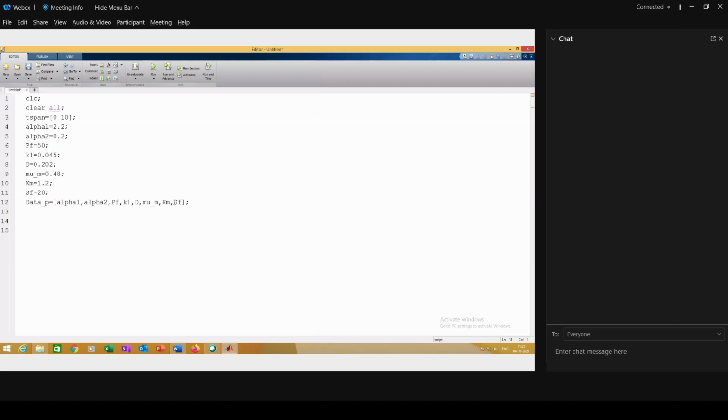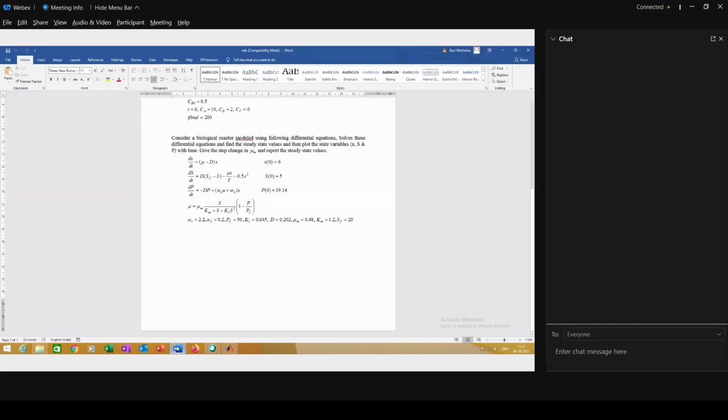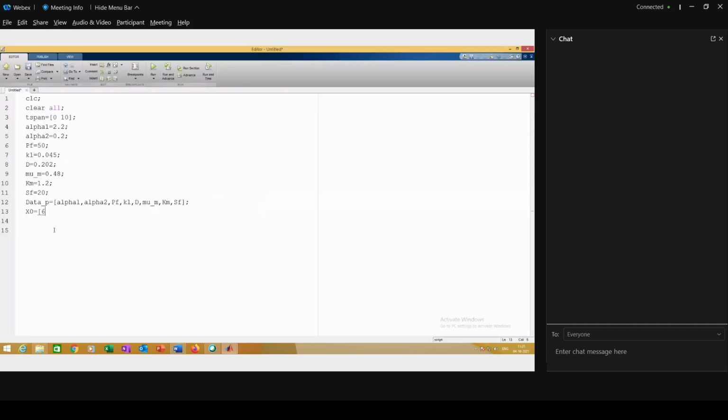Then I have the initial condition, which I'm going to write as x0, as 6, 5, 19.4. Then I will call the differential equation solver as t comma y equal to ode45 of the function biological reactor.